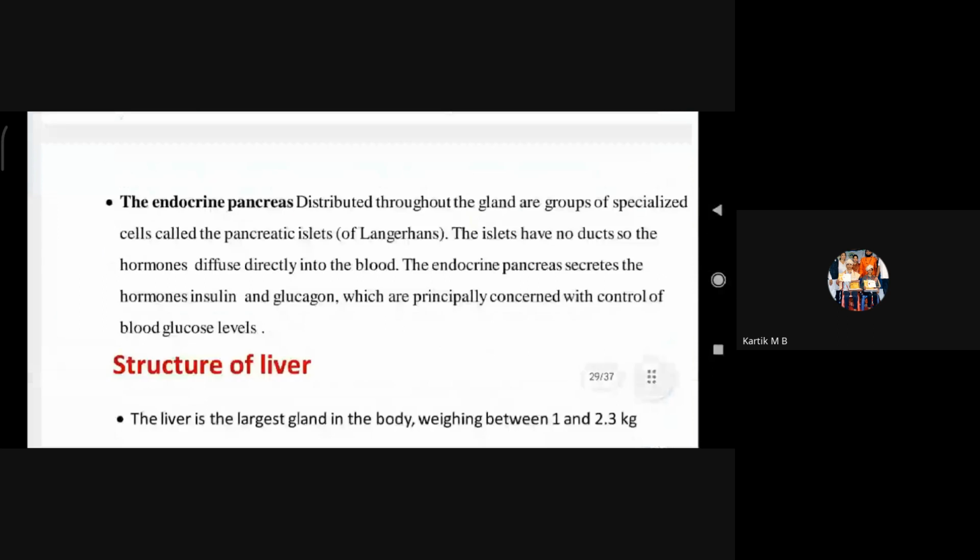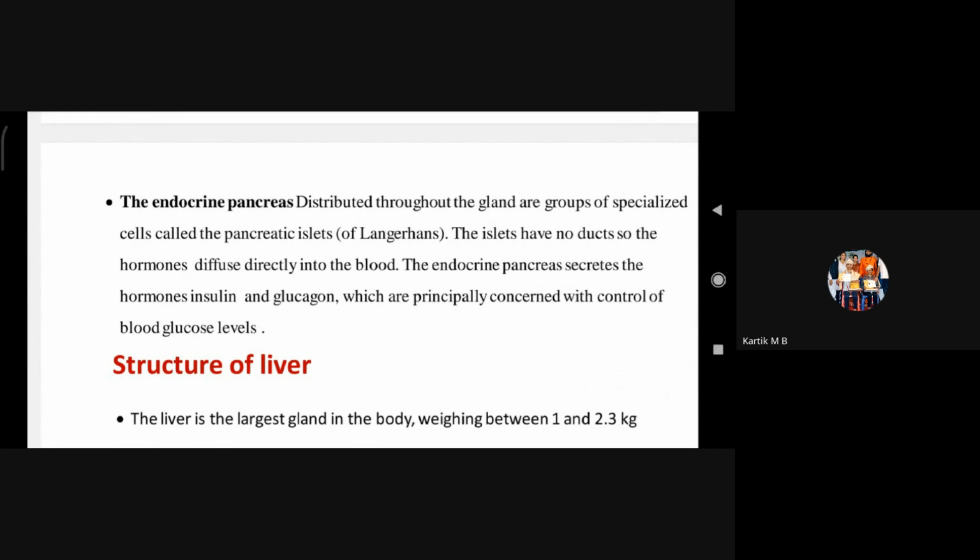The endocrine pancreas is a gland, meaning these islets of Langerhans cells produce insulin, and they don't have any duct, so they release the hormone directly into the bloodstream.